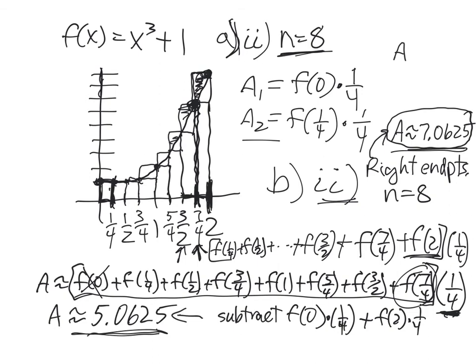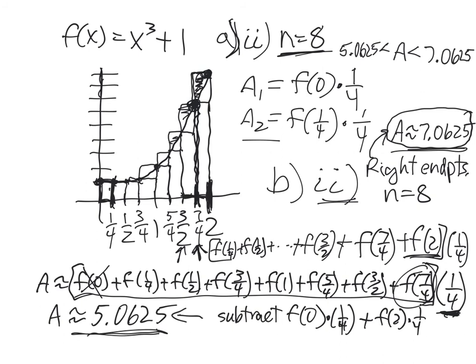Well, the exact area, and this is part C, based on the results of your work, give an upper bound and a lower bound, or a range of values that represents the best approximation of the exact area under the given curve. So that exact area is going to be in between 5.0625 and 7.0625.